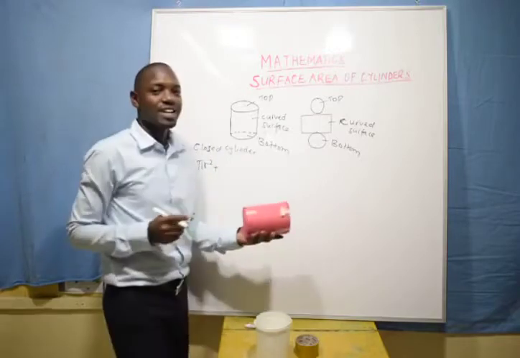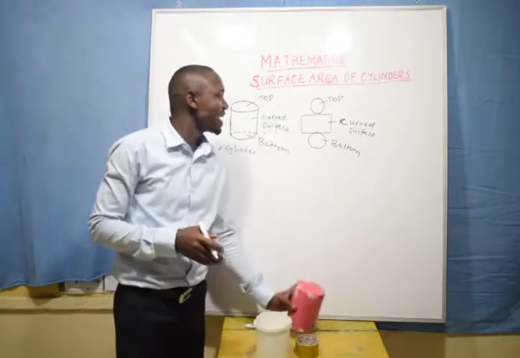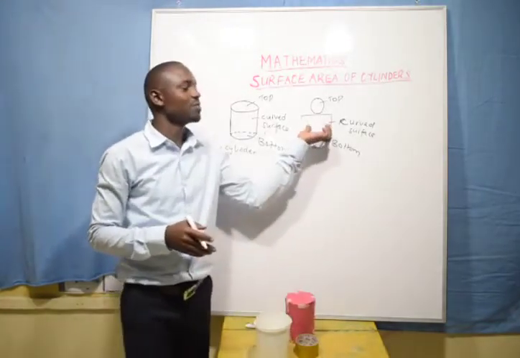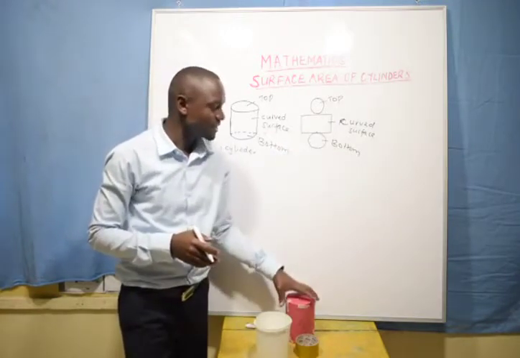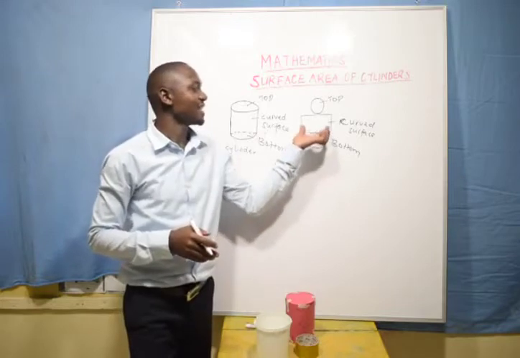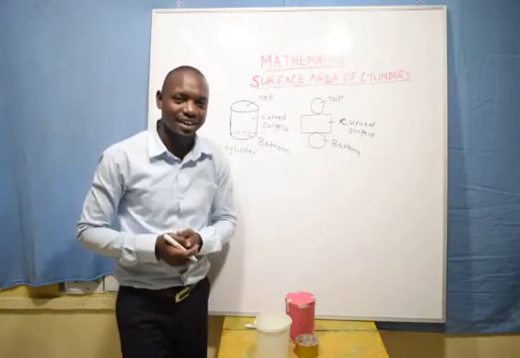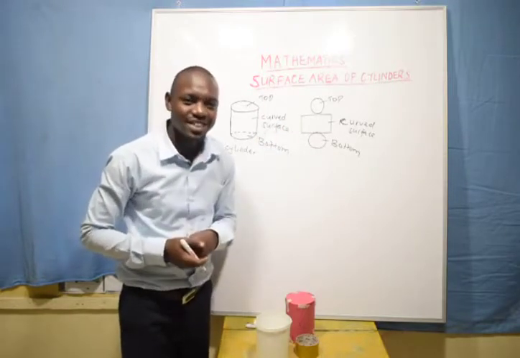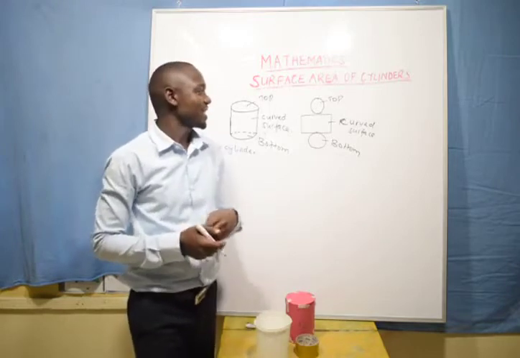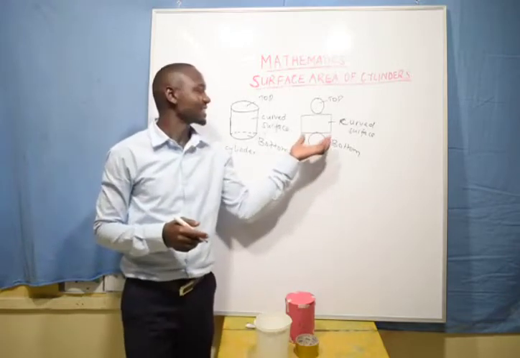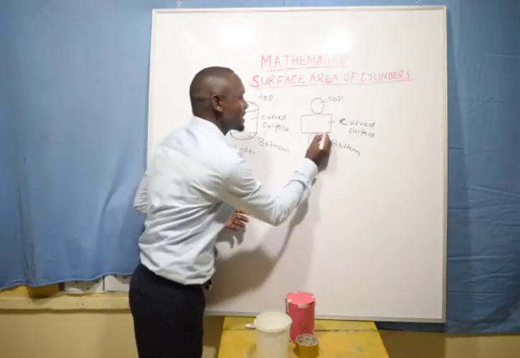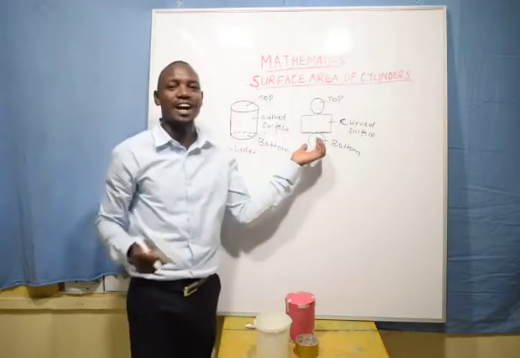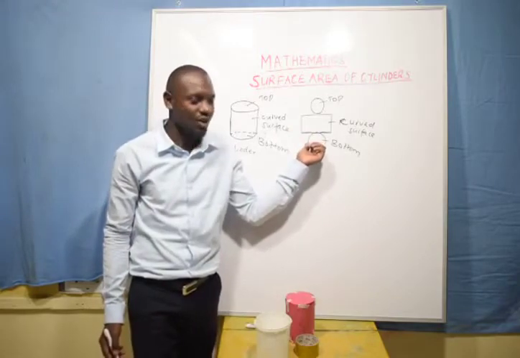Now, once the curved surface is opened, it forms a rectangular shape, and the formula for getting the area of a rectangle is length times width. In our case here, the length of the curved surface is equivalent to the circumference of the circle.